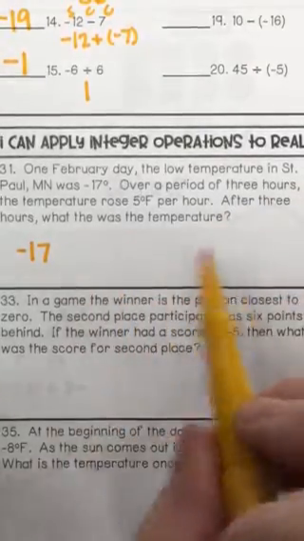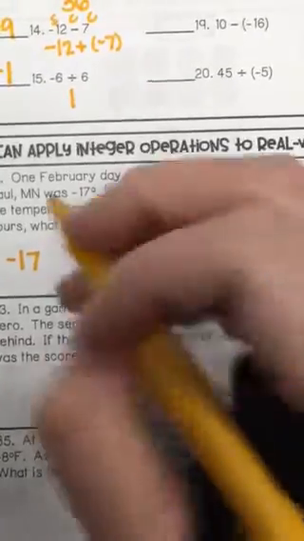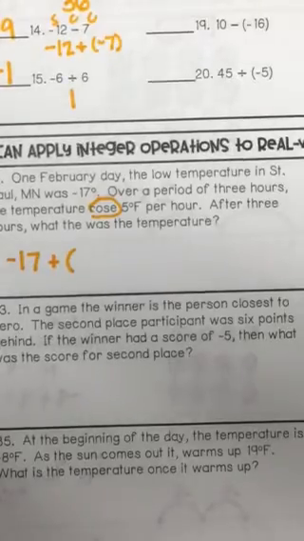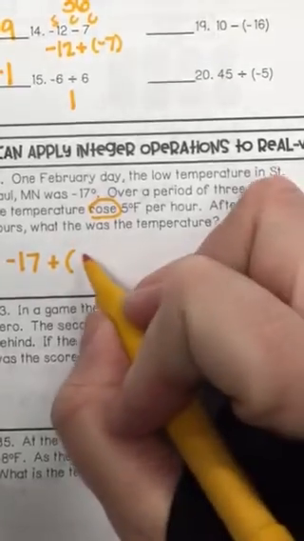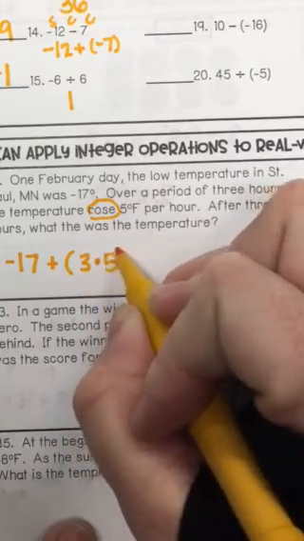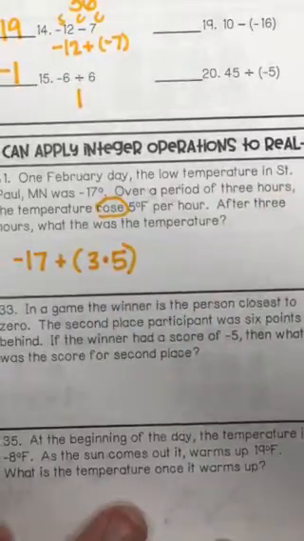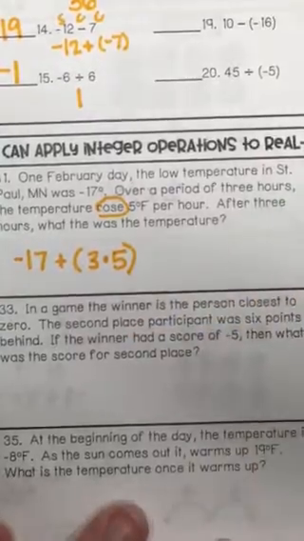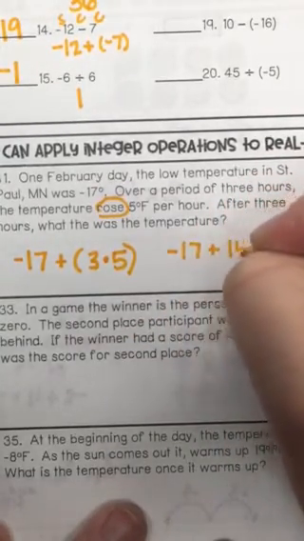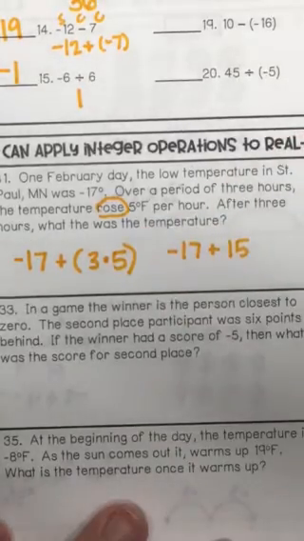So because it's rising, I know that I'm going to be adding something. But what am I going to be adding? Well, it tells me that I'm going to have 3 hours where the temperature rose 5 degrees per hour. So I need to find that first. How much did it rise? Well, I'm going from negative 17 plus 15 because 3 times 5 is 15.